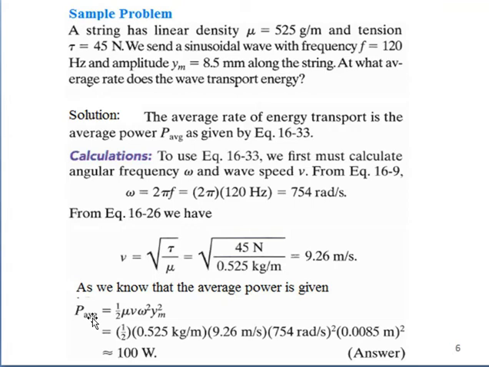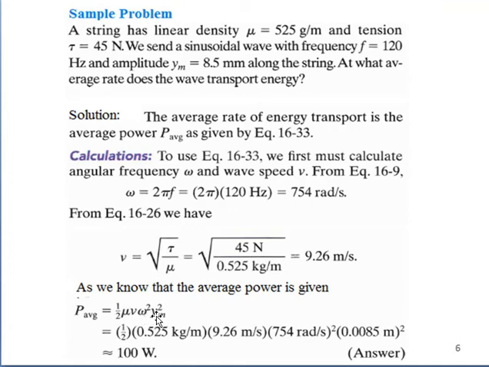Now in this relation we see that mu is given, v is not given over here, omega is not given but it is easy, 2 pi f is equal to omega and f is given.